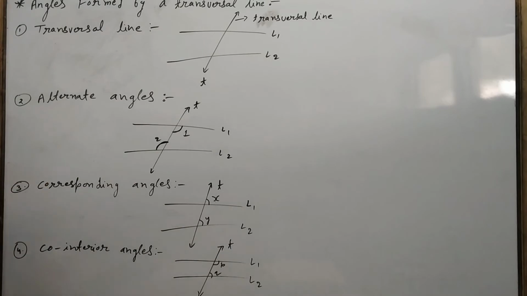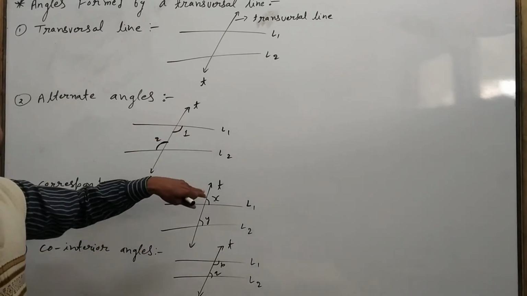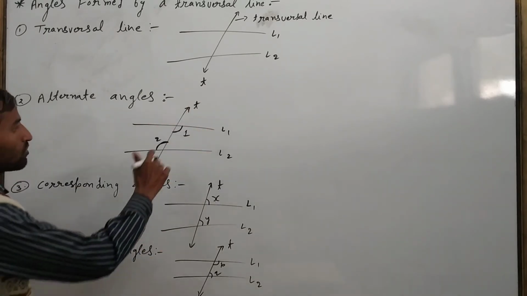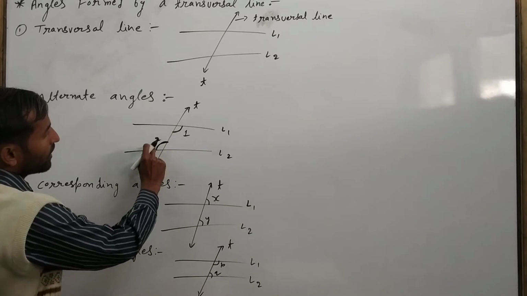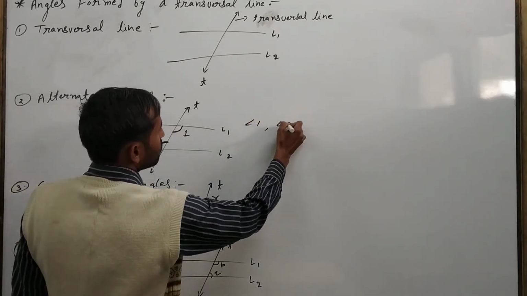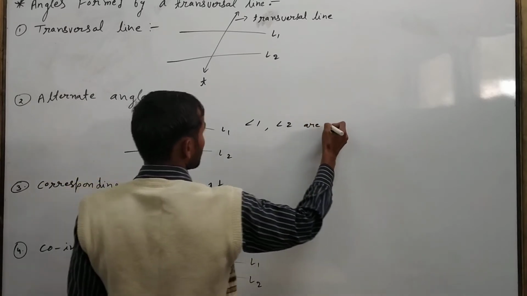Two types of alternate angles are there: one is alternate interior angles and another is alternate exterior angles. So this one is called angle 1 and this is angle 2; angle 1 comma angle 2 are alternate interior angles.